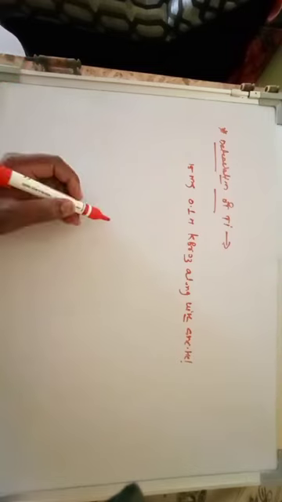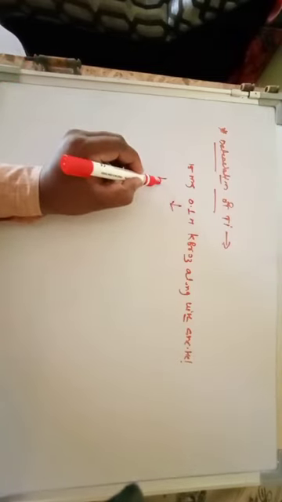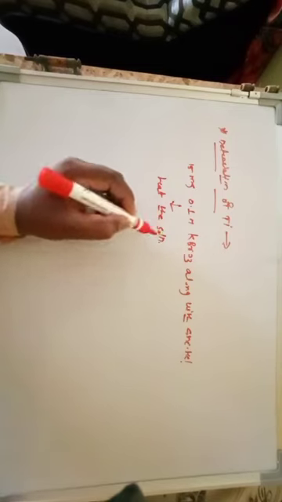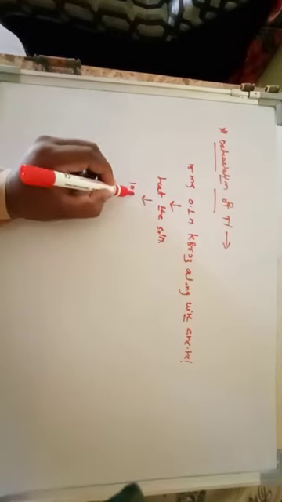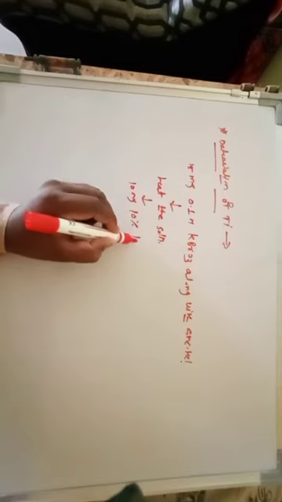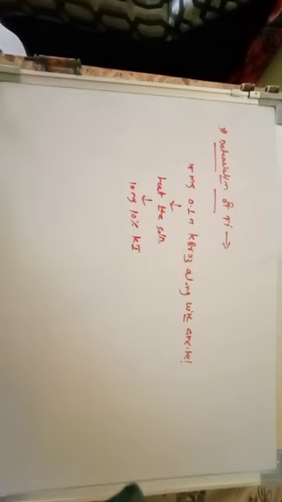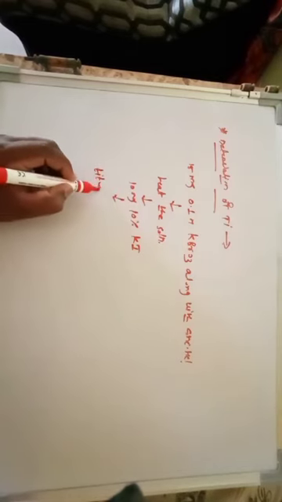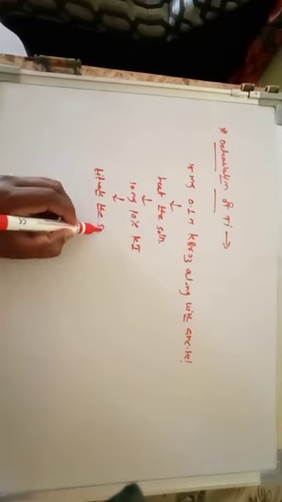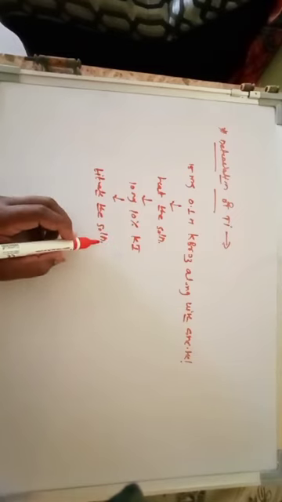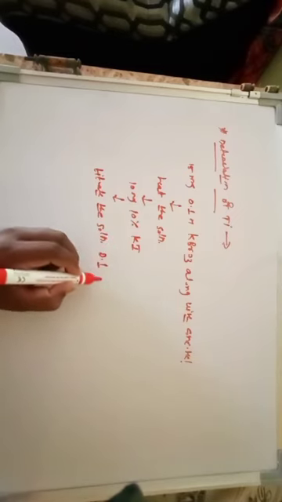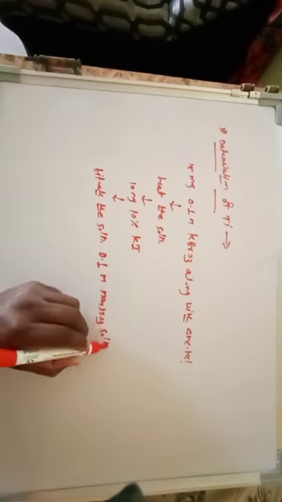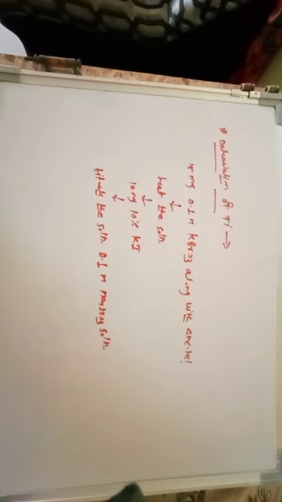Then heat the solution, then add 10 ml of 10% potassium iodide, KI, solution, and titrate this solution with 0.1 normal Na2S2O3 solution.